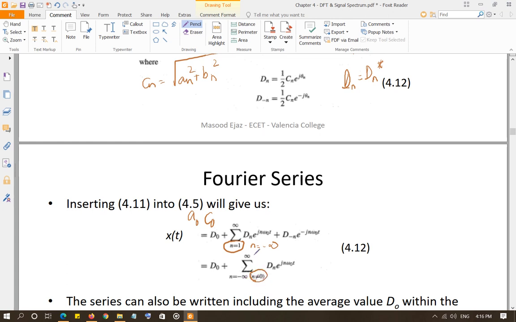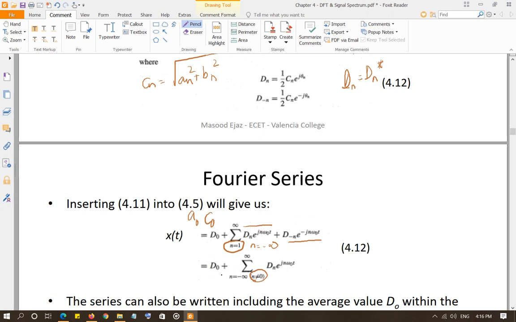So n is equal to negative infinity to infinity dn e to the power j n omega naught t. When you put negative values of n, that's going to become d negative n e to the power negative j n omega naught t, which is this. And when you put positive values, then it's going to be this, right? So one expression, just by changing the limits of the summation, is going to cover both parts of the expression.